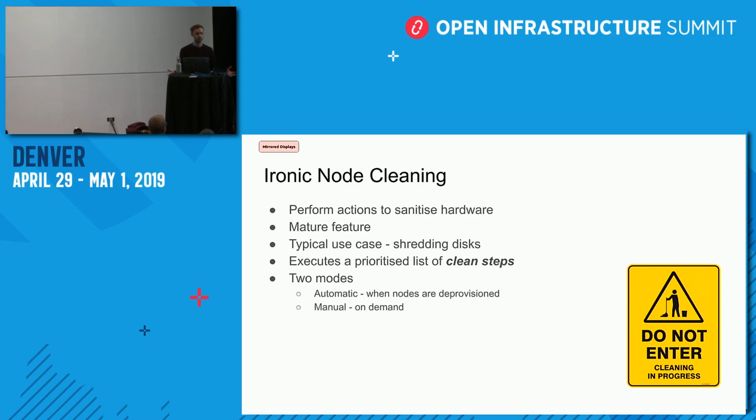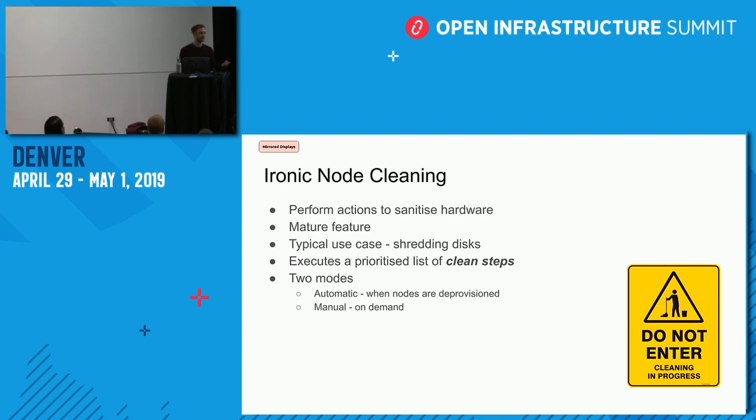So the current state of BIOS and RAID in Ironic is implemented through something called cleaning. And cleaning is typically used to sanitize the hardware after it's been deployed. It's a mature feature. It's been around for quite a long time now. The typical use case is to shred the disks, to remove any sensitive data from disks after they've been used.